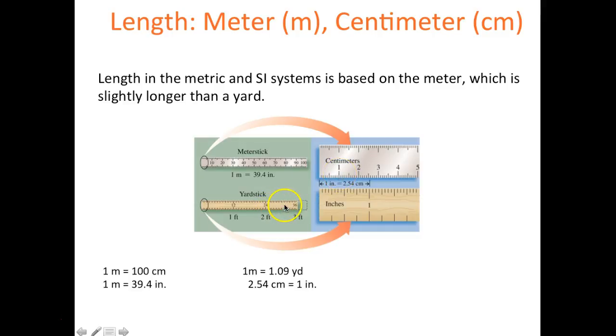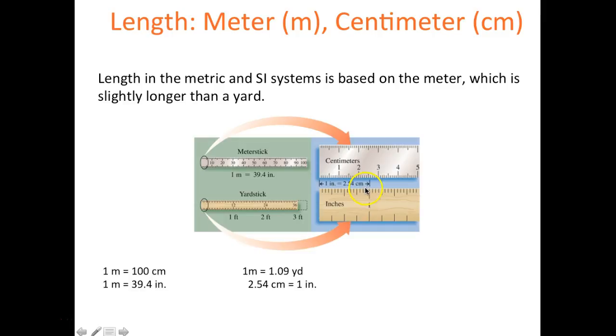The yardstick is 3 feet long. 1 foot is 12 inches, so 36 inches, because 3 feet is 1 yard. And so there is 39.4 inches to a meter, and so the yardstick is slightly smaller compared to the meter stick.